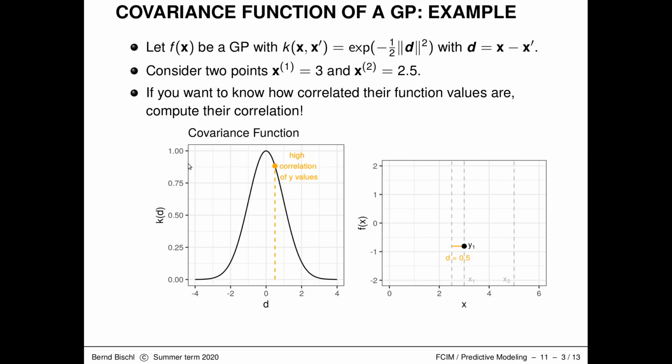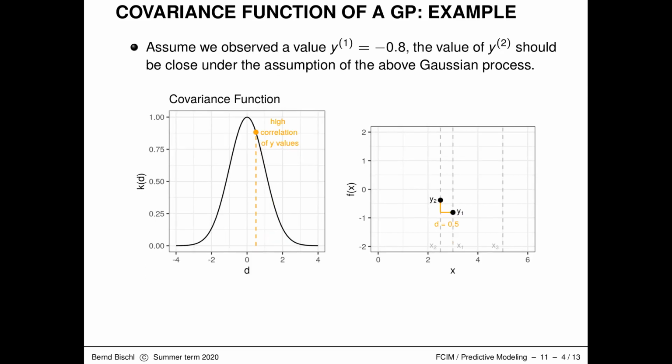between the two outcomes. And that means if you have already observed a value y1 at x1, for example, minus 0.8, then there is only so much freedom now left for what we can expect that the outcome y2 should be. So that should probably be quite closely related.